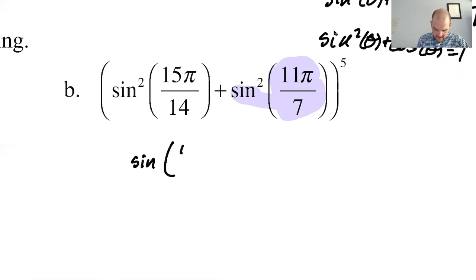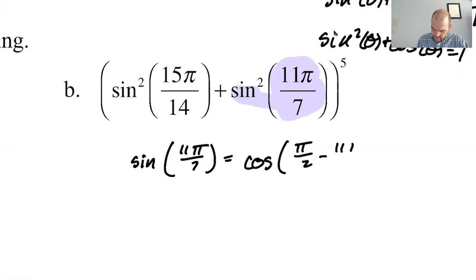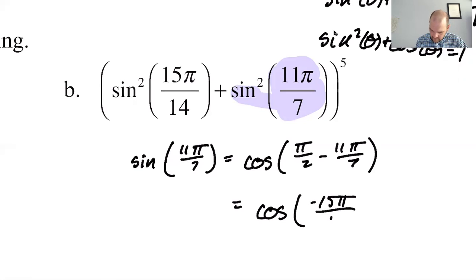I'm going to say sine of 11 pi over 7 is equal to the cosine of pi over 2 minus 11 pi over 7, all right? Which is equal to the cosine of, that's 7 minus 22, 7 minus 22 is negative 15 pi over 14.